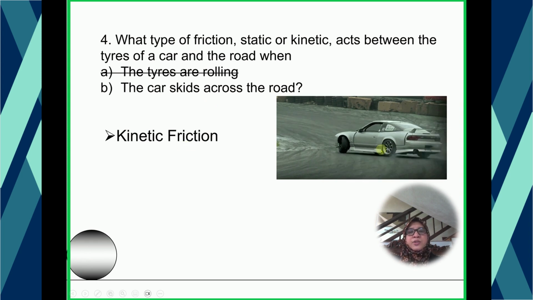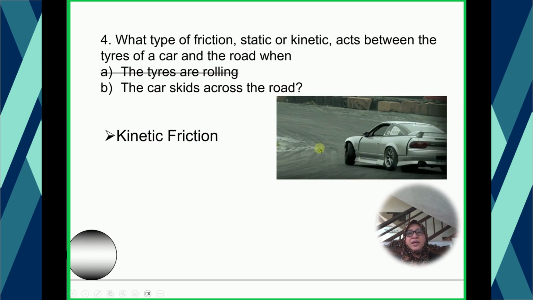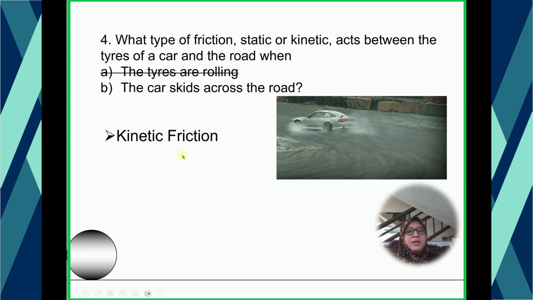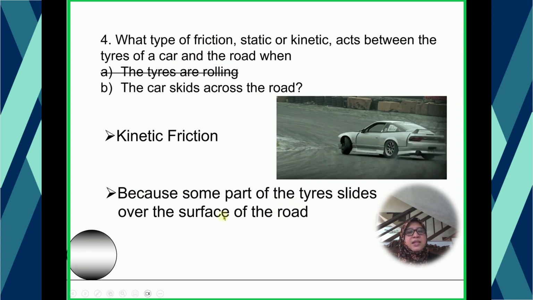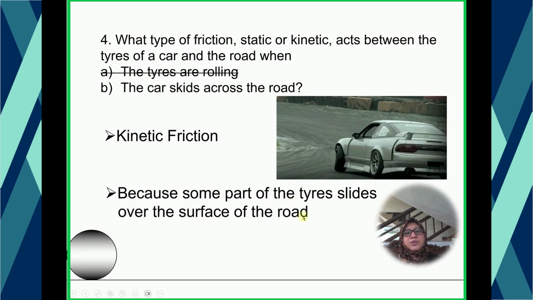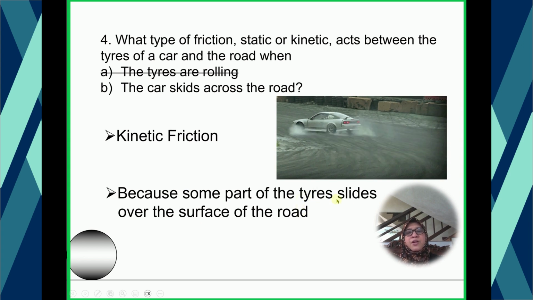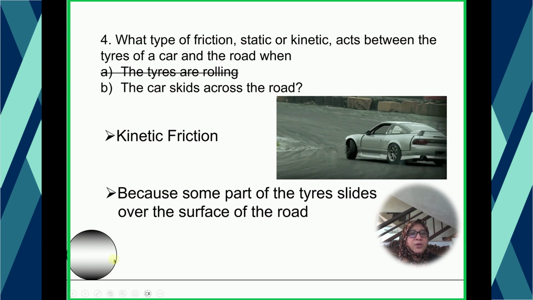So the tire is now moving, and each time only part of the tire still slides over the surface of the road. Some part of the tire slides over the surface of the road. Like this below here, there is also an animation.